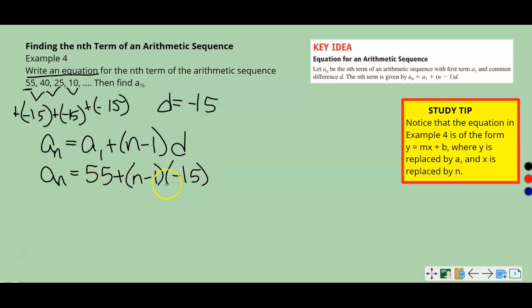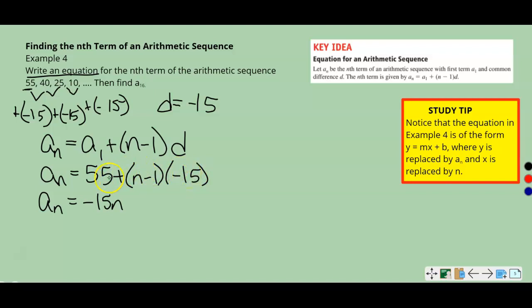Now, you can rewrite this a little bit. This looks a little different than what we're used to, but you can rewrite this and it's going to look similar to an equation we learned before called slope-intercept form. So if I take -15 times n, that's going to be -15n. -15 times -1 is +15.